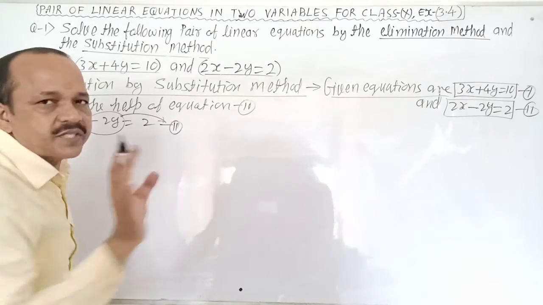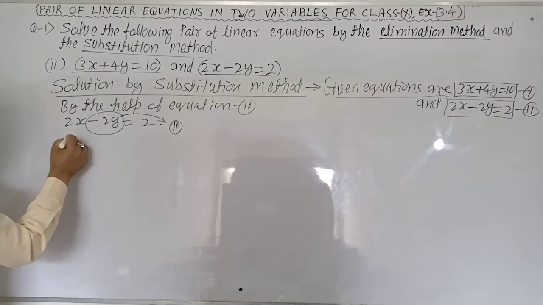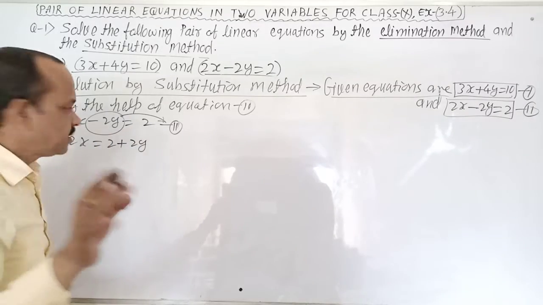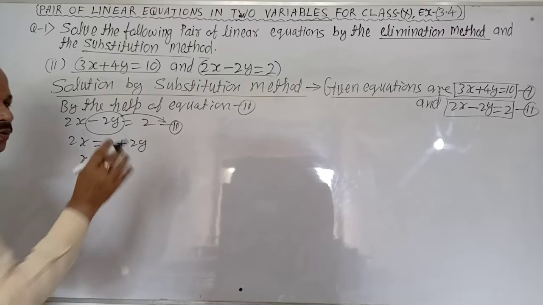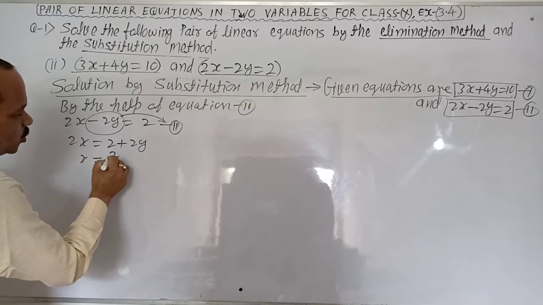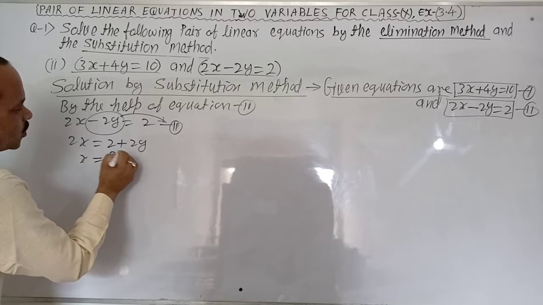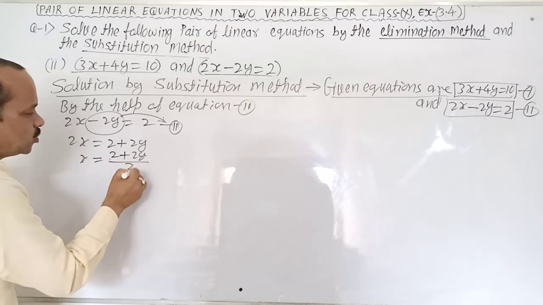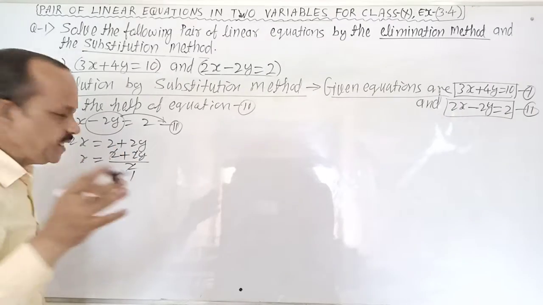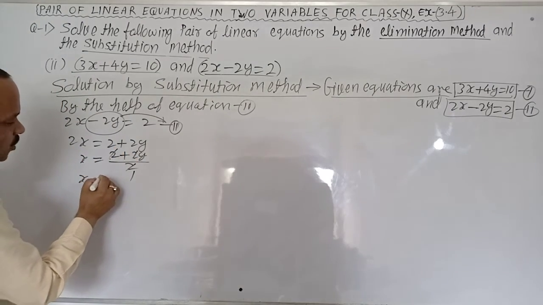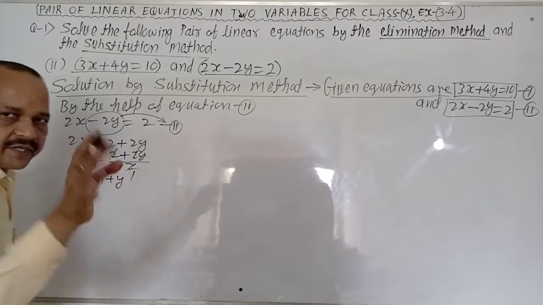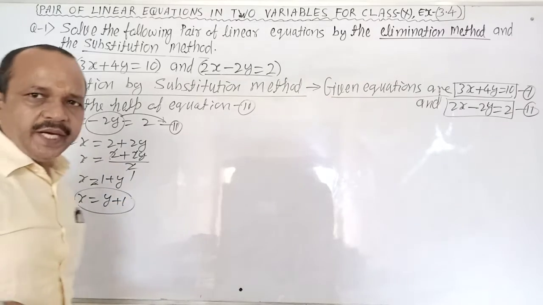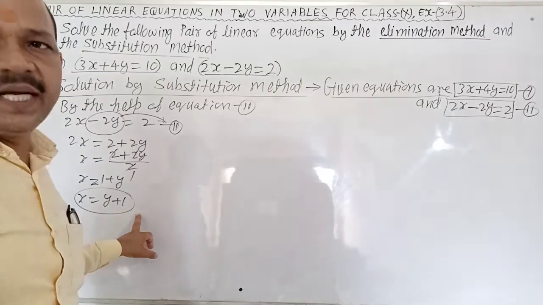It becomes 2x equal to 2 plus 2y. x equal to 2 plus 2y by 2. You can cancel the 2s. It becomes x equal to 1 plus y. You can write it x equal to y plus 1. You find x equal to y plus 1.